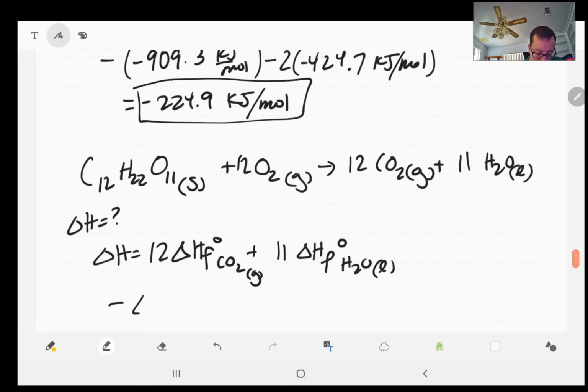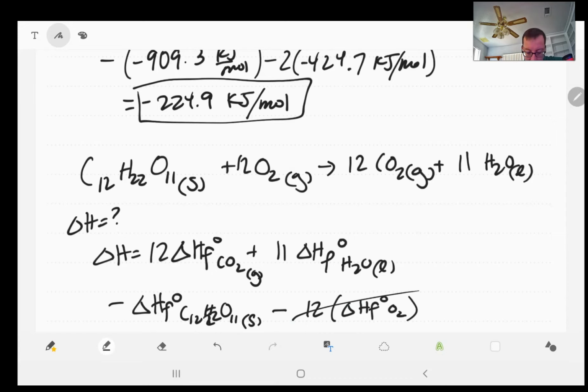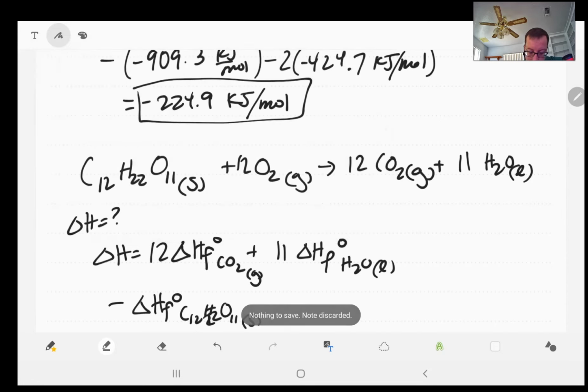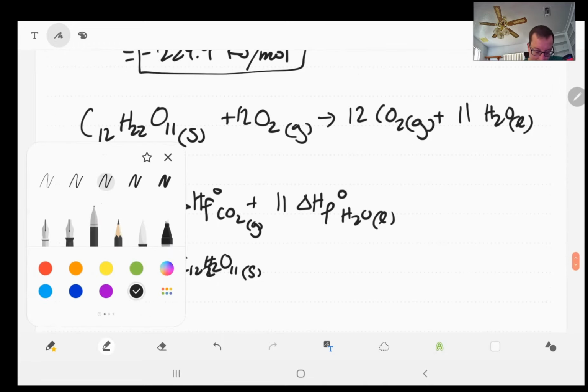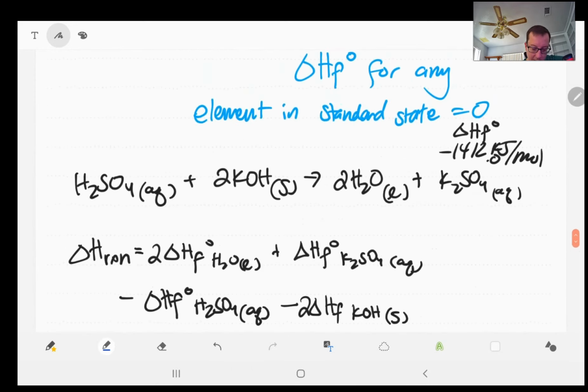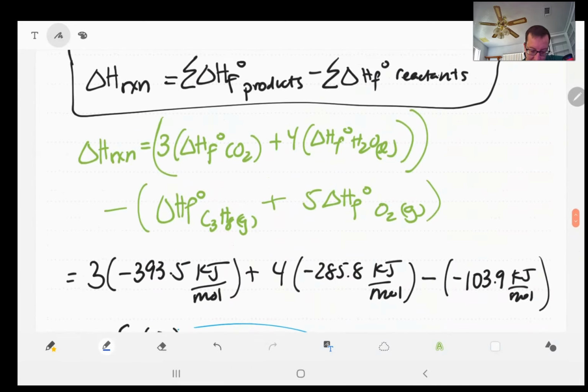We have -1 times delta HF of the sucrose here, minus 12 times delta HF of oxygen, which is 0, so who cares? I'm not even going to put it. Remember, oxygen is in its standard state already, so don't worry about it. So we just got to look these numbers up, and in fact the CO2 and water we already have. 385 point something. Aha, 393.5.